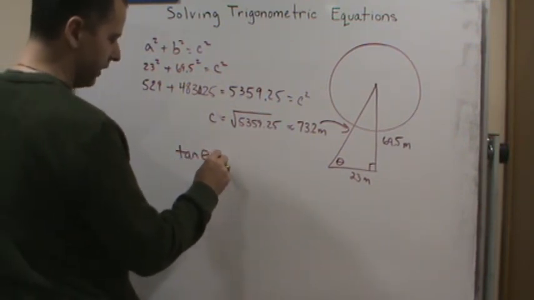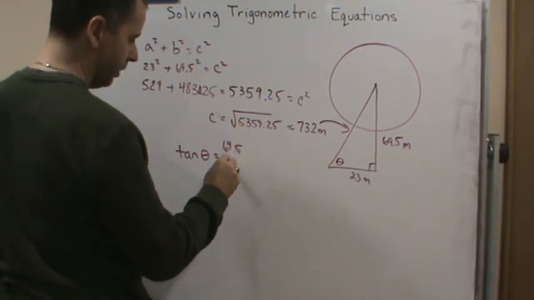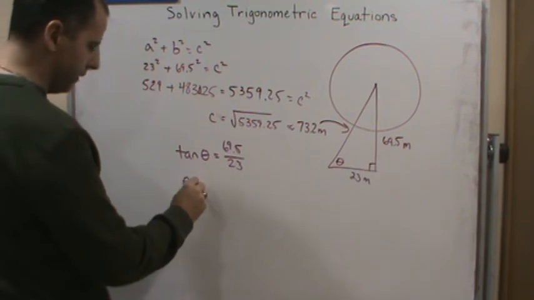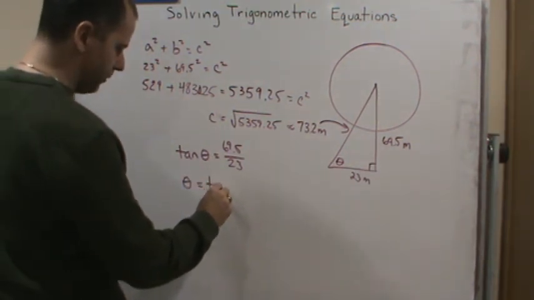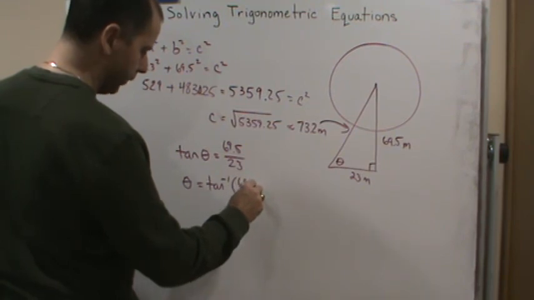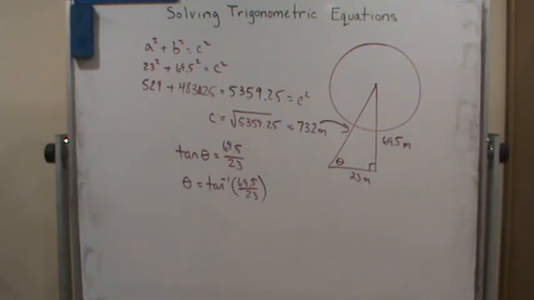So tangent theta equals 69.5 over 23. And so I'm going to do theta is equal to tangent inverse of 69.5 over 23. And so if I use the inverse tangent function, I get approximately 1.2522.